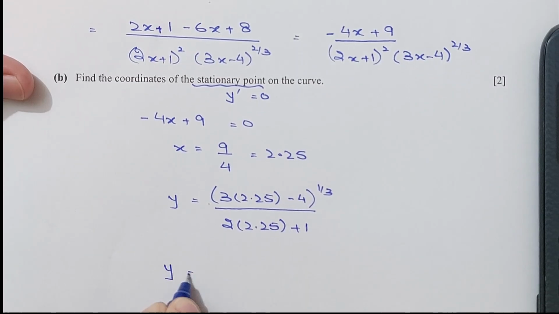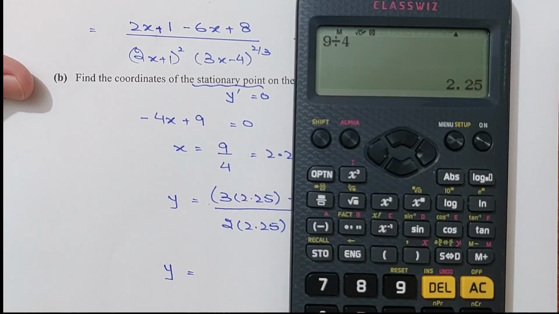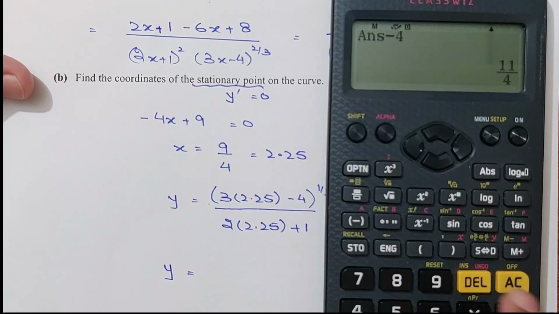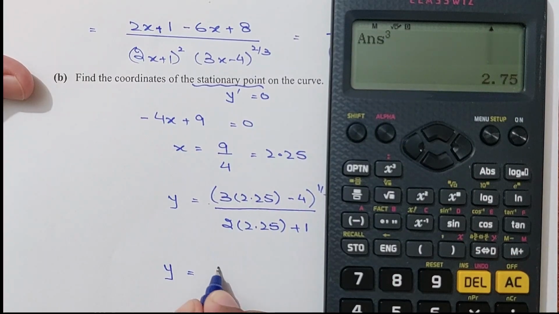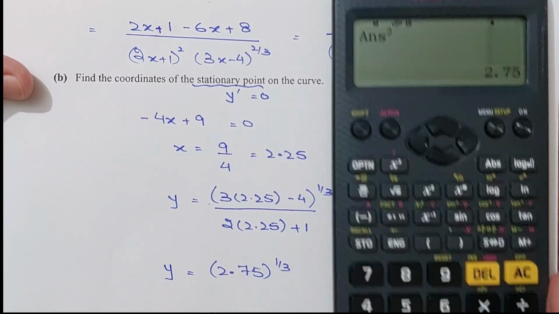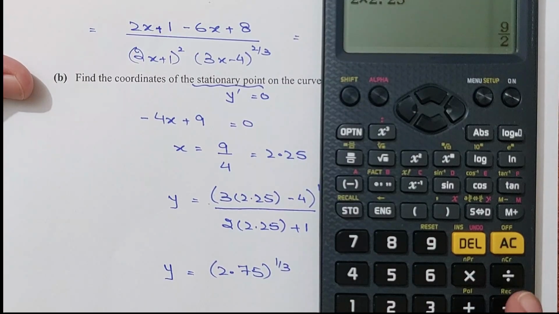So what is y? 3 times 2.25 minus 4 is 2.75, to the power 1/3, and the denominator is 2 times 2.25 plus 1, which is 5.5.